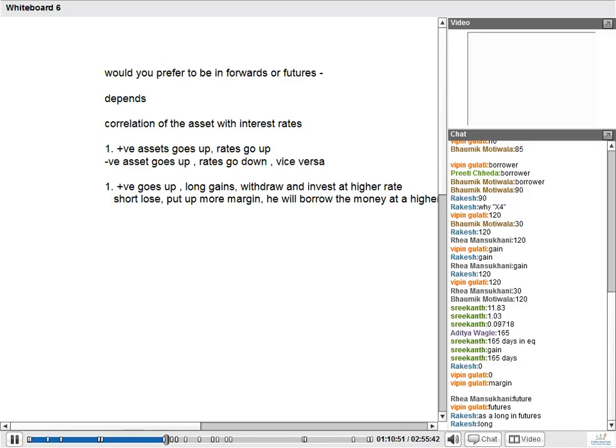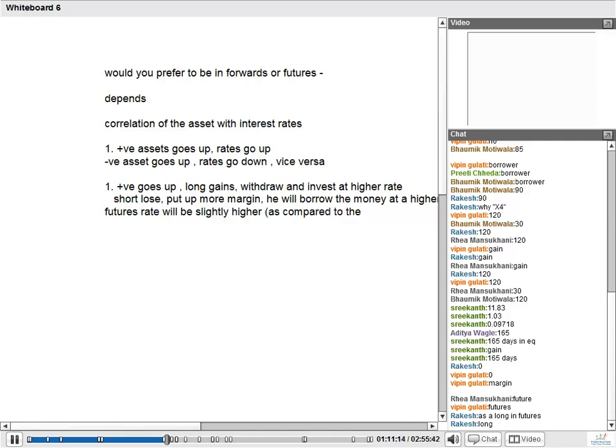So if there is a positive correlation, then short is at a slight disadvantage. So the futures rate will be slightly higher as compared to the forward. It's only as compared to the forward.